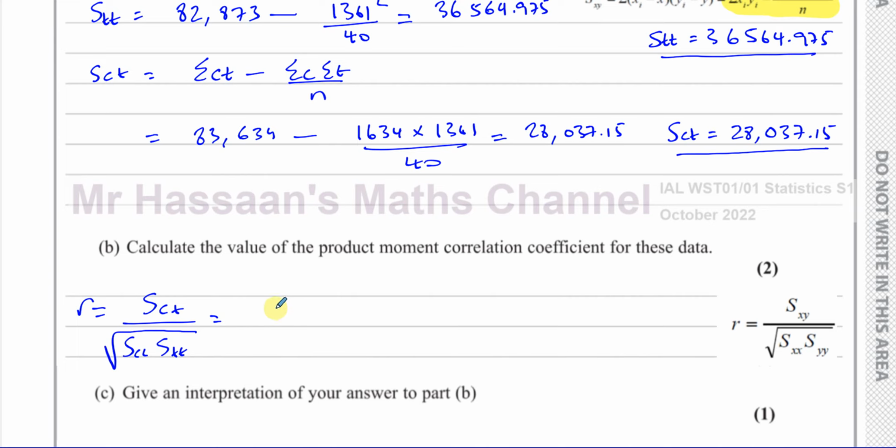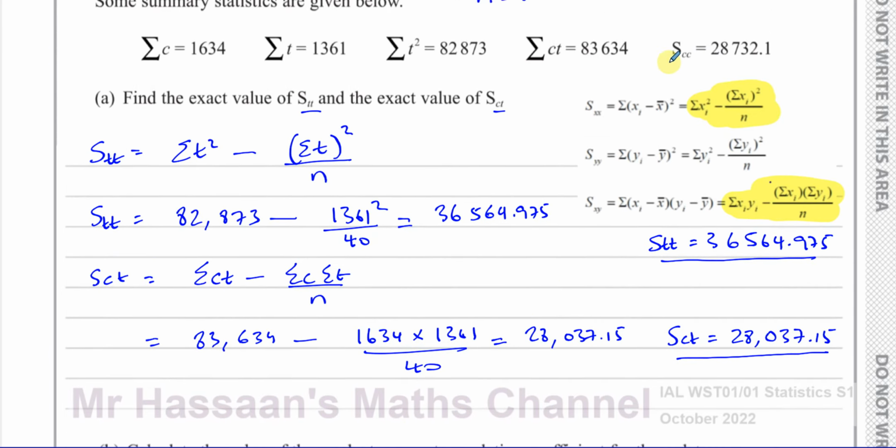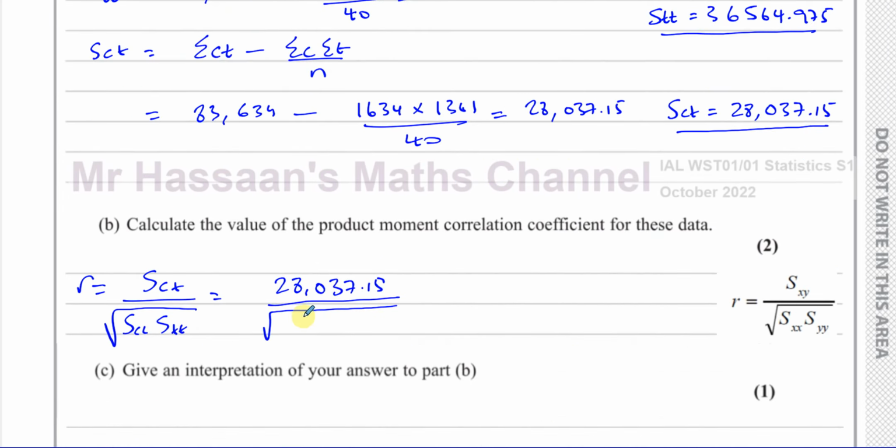So the numerator is going to be SCT, 28,037.15, divided by the square root of SCC, which we're already told in the question is 28,732.1, multiplied by STT, which we found as 36,564.95. So all of that together will give us the value of R.